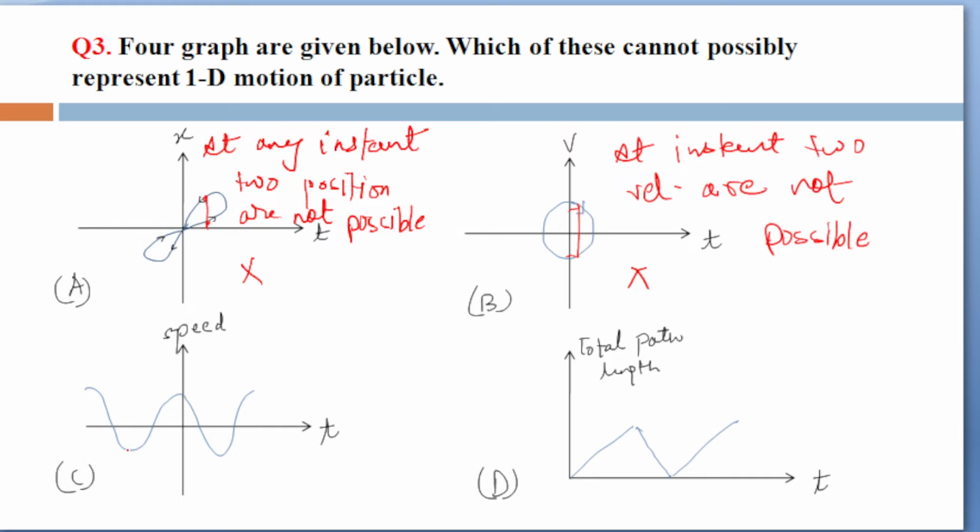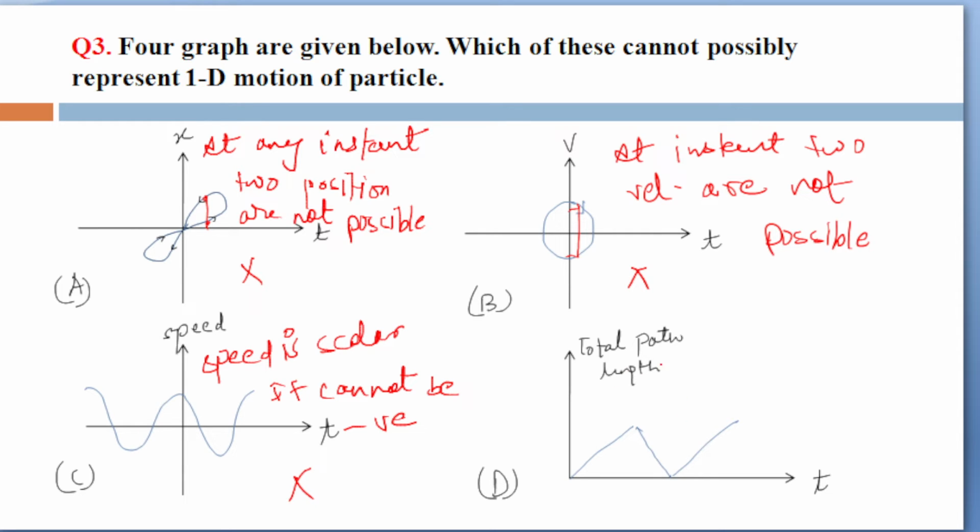The third option is speed. So speed is a scalar quantity and it can't be negative. Therefore it cannot be negative, so this one is also incorrect.